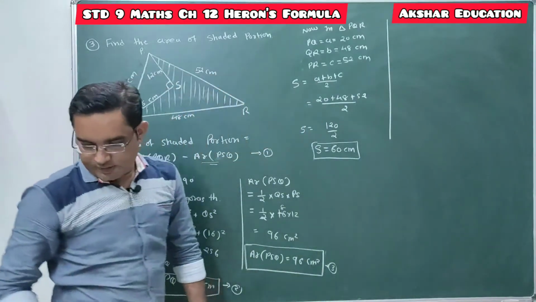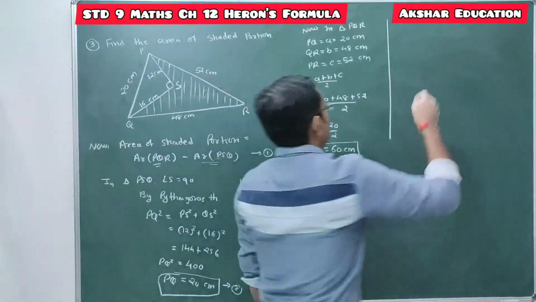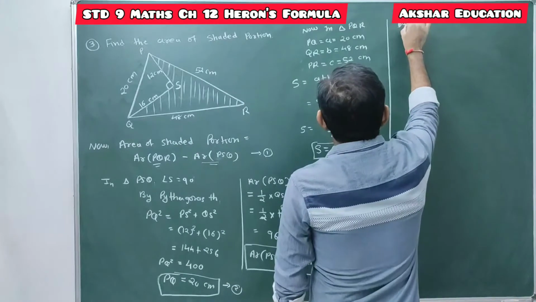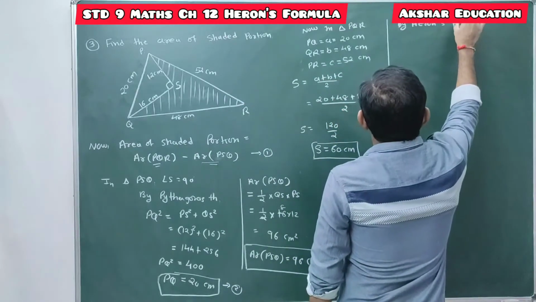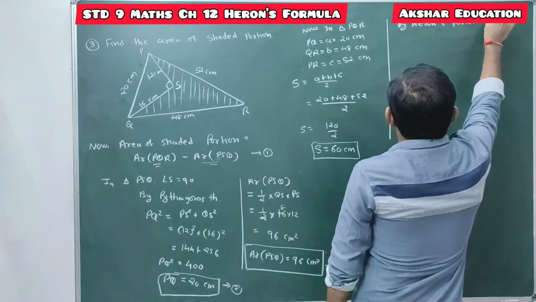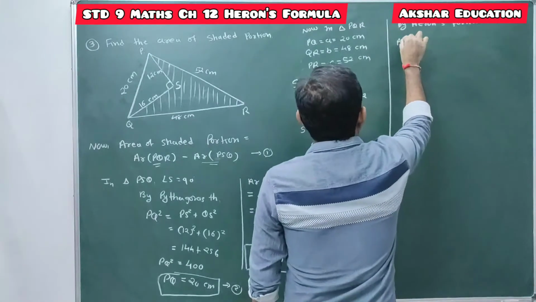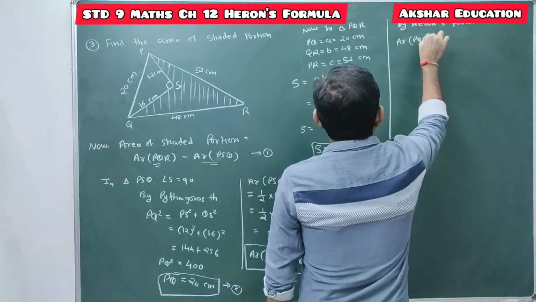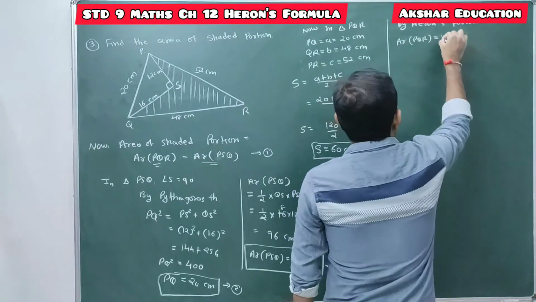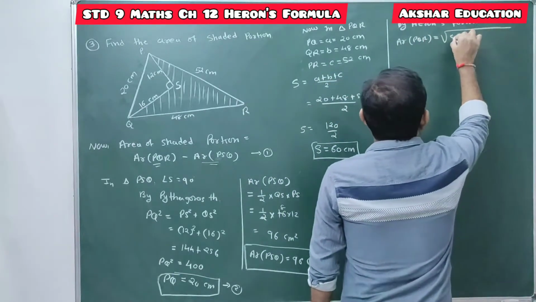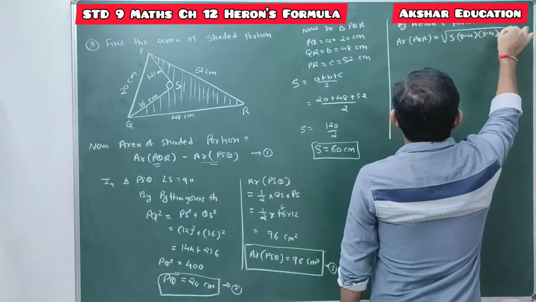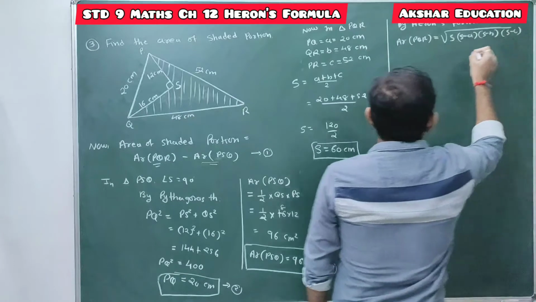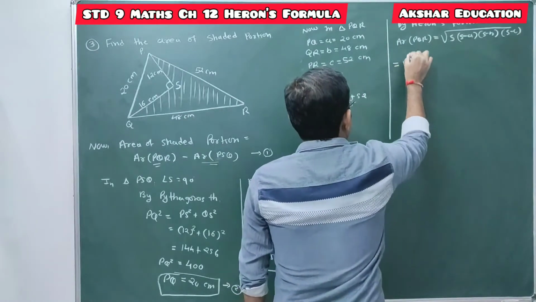Now find the area of the triangle by using Heron's formula. So by Heron's formula, we can find the area of triangle PQR, and that is equal to, what is the formula? It's the square root of S into S minus A, S minus B, S minus C. Put the values.